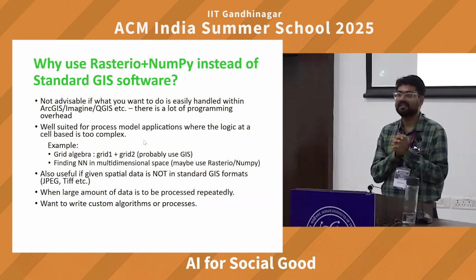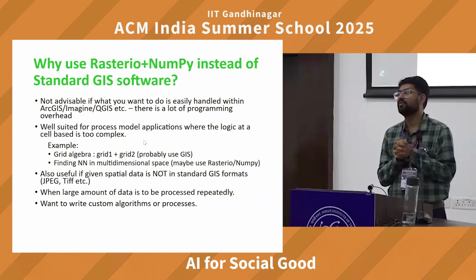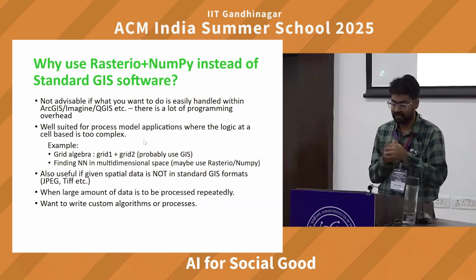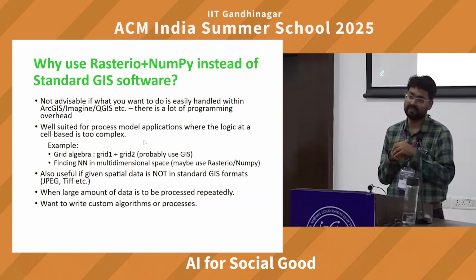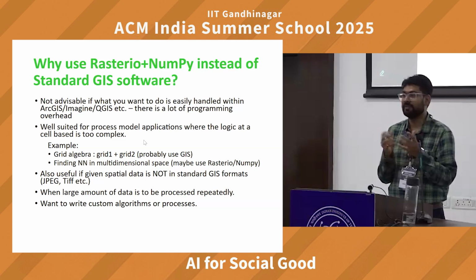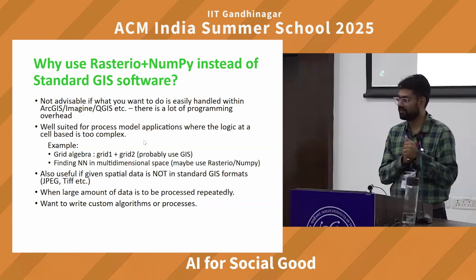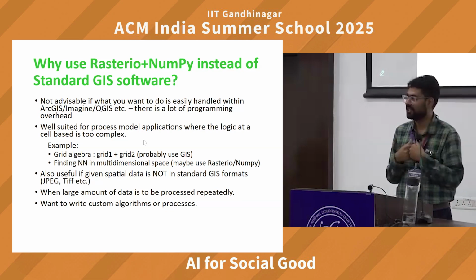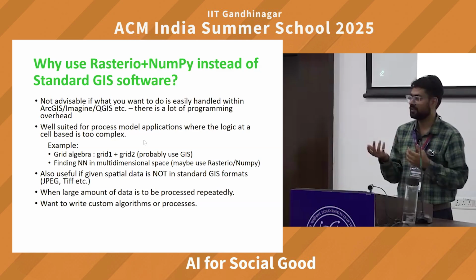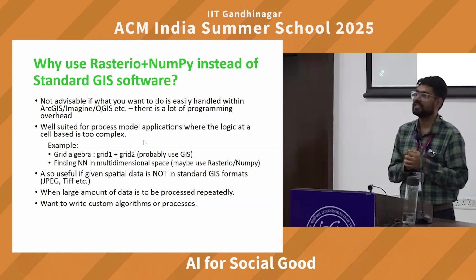Because as a researcher or as an AI/ML practitioner, you want to develop your own custom algorithms or processes. It may be possible that a particular functionality is not available in that GIS software. In that case, Python helps you out because it has lots of functionalities, lots of libraries, and you can in fact develop your own algorithm on this. So that is why it is very important.